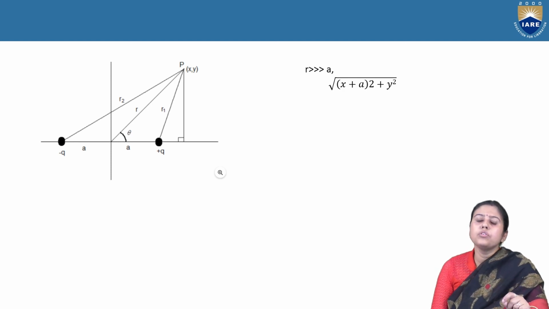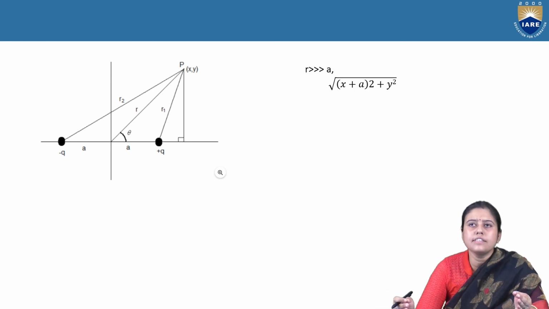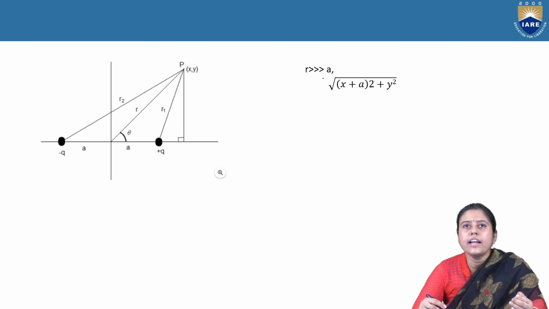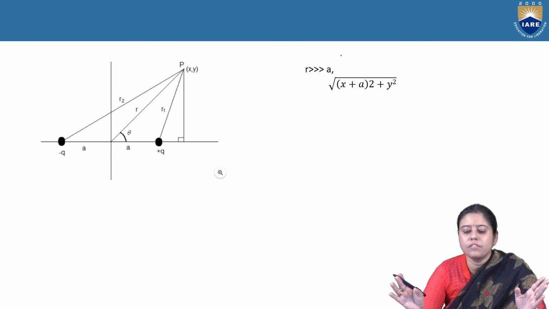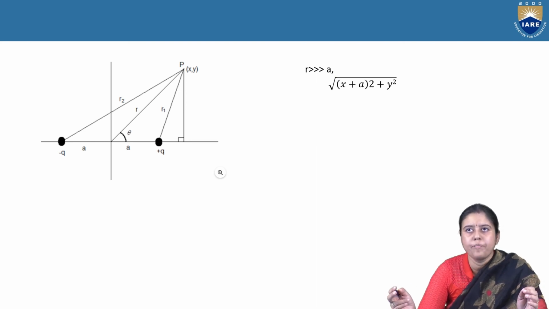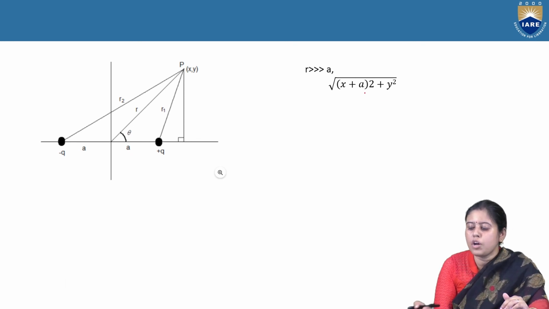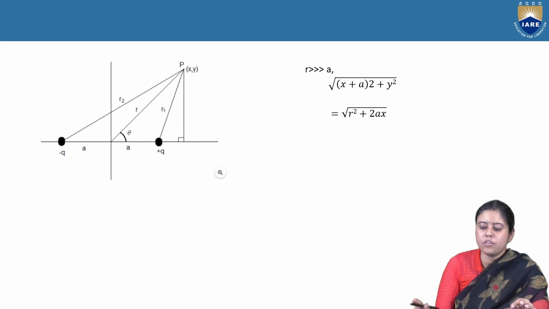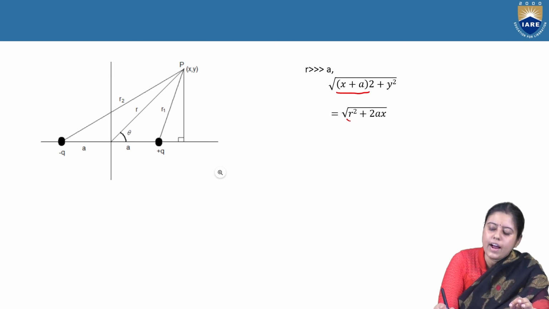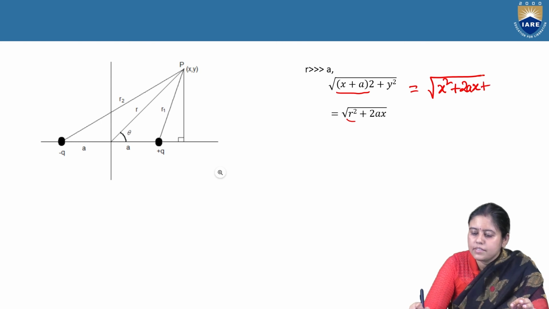Now, as we know, a dipole is considered when the distance is very small or nearer. So we can write r is much greater than a. Not the greater than sign, I mean much greater than a. So what can we think? If we think about the distance, the root of (x plus a) square plus y square, we can substitute it by r. The equation is x square plus 2ax plus a square plus y square.